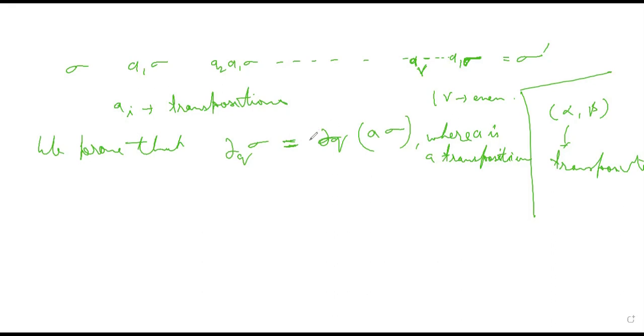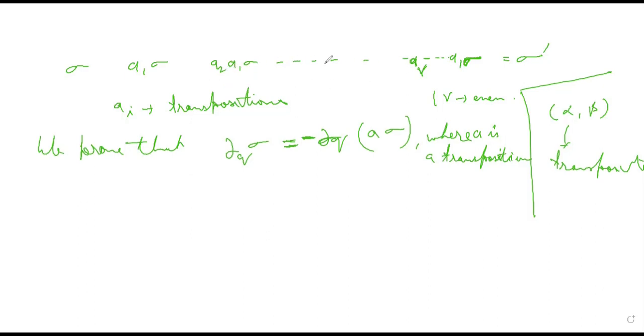So minus, because an even number of times you have to do this, so ultimately you will get equality. So the boundary map over sigma equals minus the boundary map over this, but the boundary map over this is minus the boundary map over this, because they differ by a transposition.